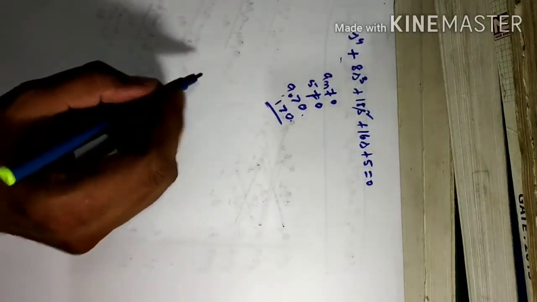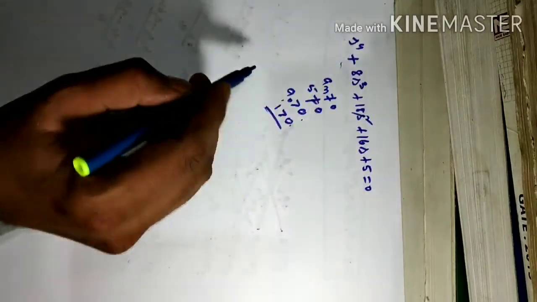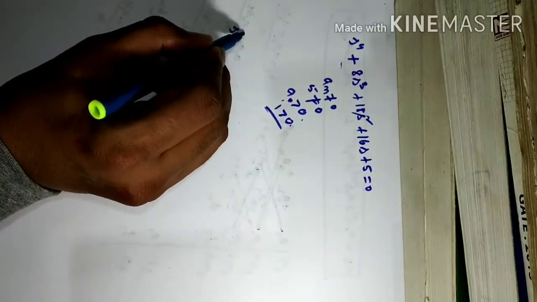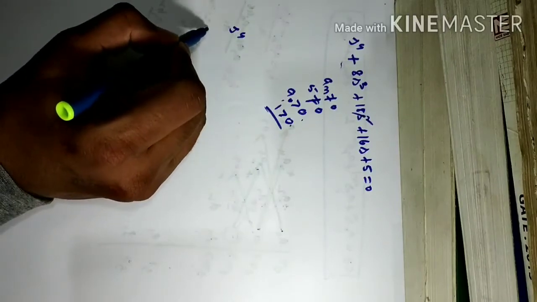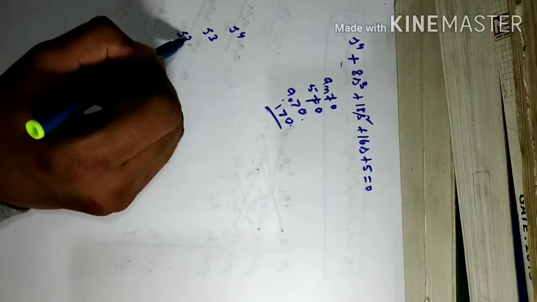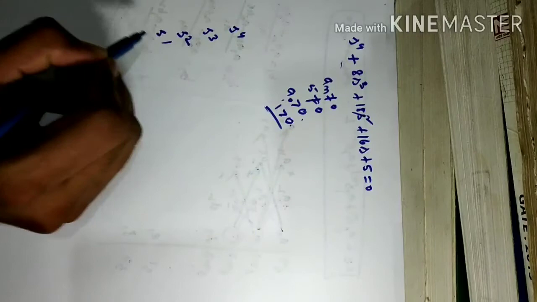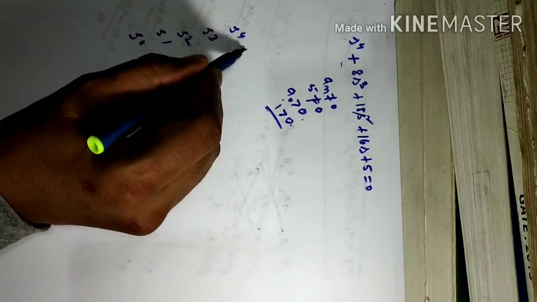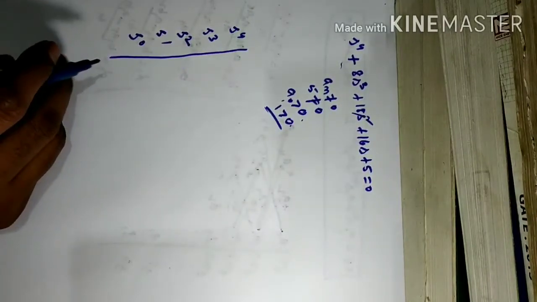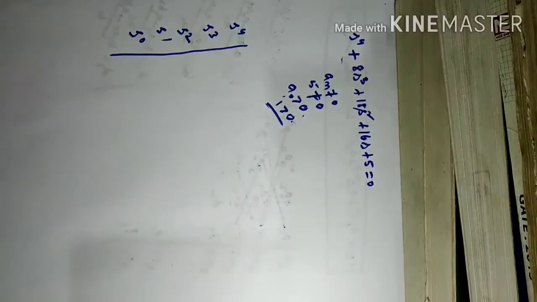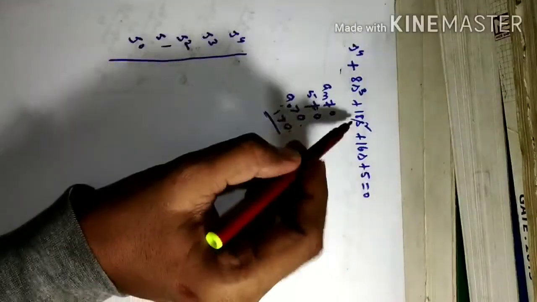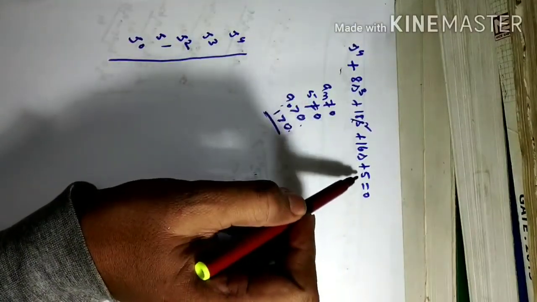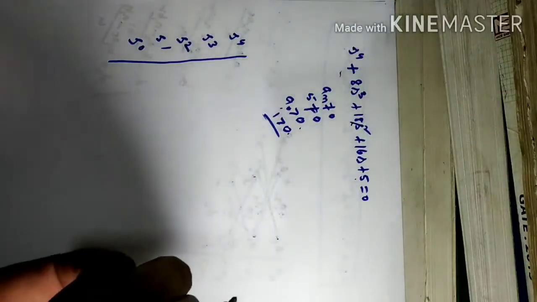So for the sufficient condition, you write the powers of s: s power 4, s power 3, s power 2, s power 1, s power 0. What are the even powers of coefficients? This is an even power, this is an even power, and 5 is also even, s power 0 into 5.